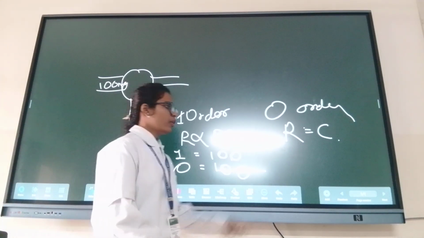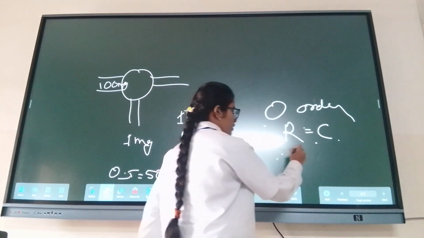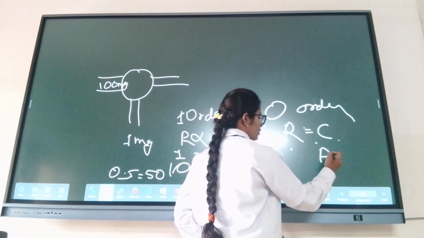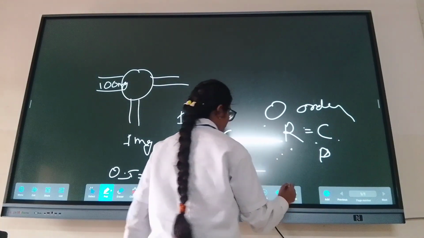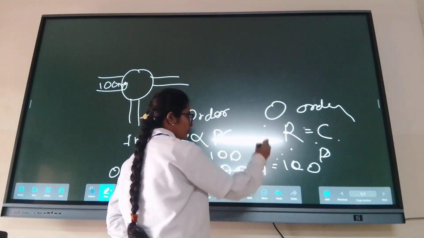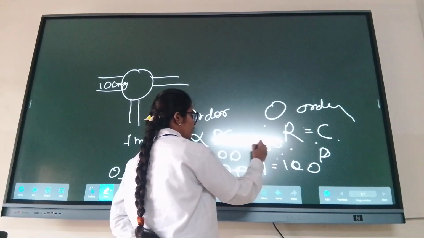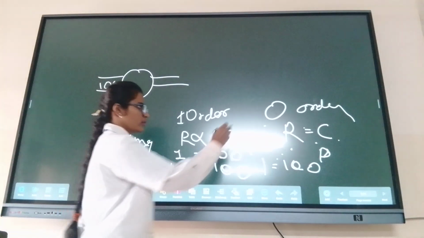But in zero order kinetics, the rate of elimination is constant, even if the plasma concentration is 100, then rate of elimination is 1. If it is 50, then also it is 1. It is independent of plasma concentration.